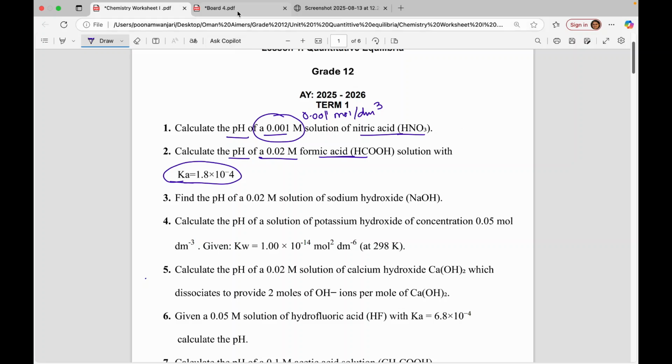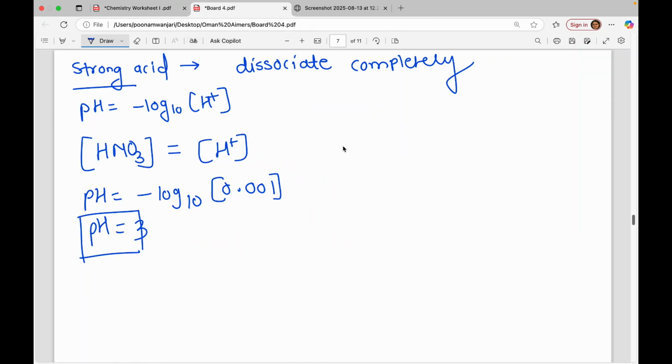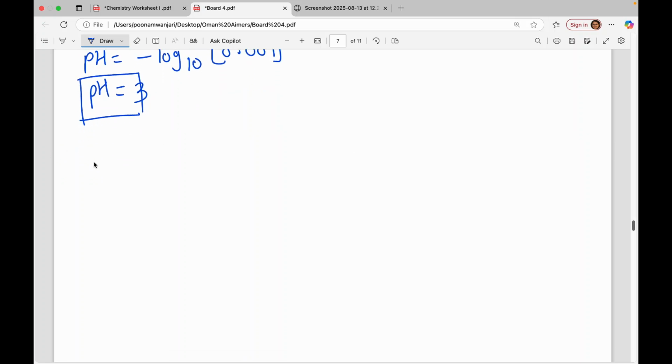So this problem is related to weak acid. Now we need to recall the formula which we used for calculation of pH for weak acid.